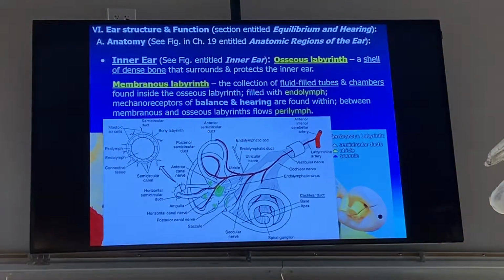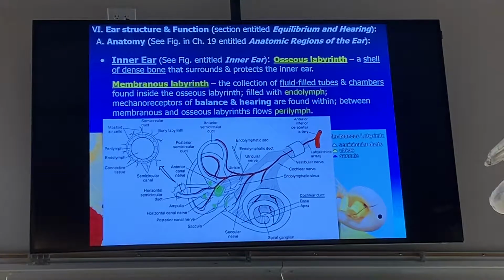Paralleling the osseous labyrinth is a membranous labyrinth. It's just a thin, waterproof sac. In it is endolymph. Outside of it is perilymph. So perilymph is outside the membranous, inside the osseous, between the labyrinths. Perilymph is very similar to CSF chemically.